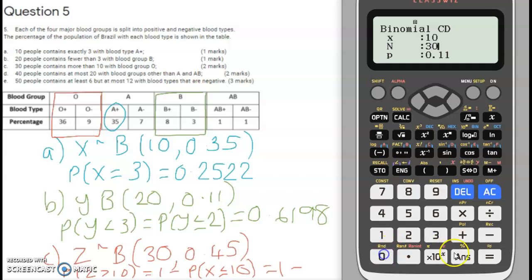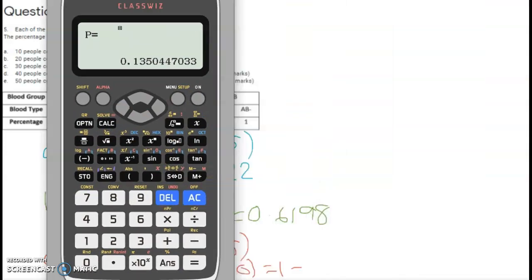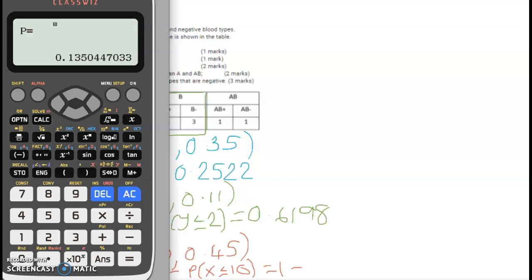There's an n of 30, and there's a p of 0.45. Putting that in my calculator and moving my calculator over to the side, that means I want 1 minus 0.1350, and that gives me an answer of 0.8650.